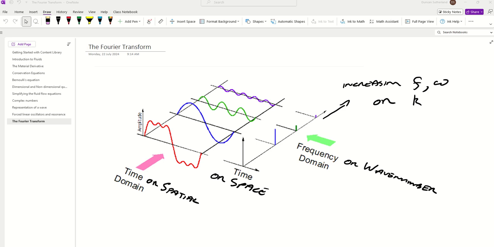We're going to look at the Fourier transform that's used in wave analysis extensively. We need the notions of wave number, frequency, a time domain, or a spatial domain. And you need to remember the notion of superposition.